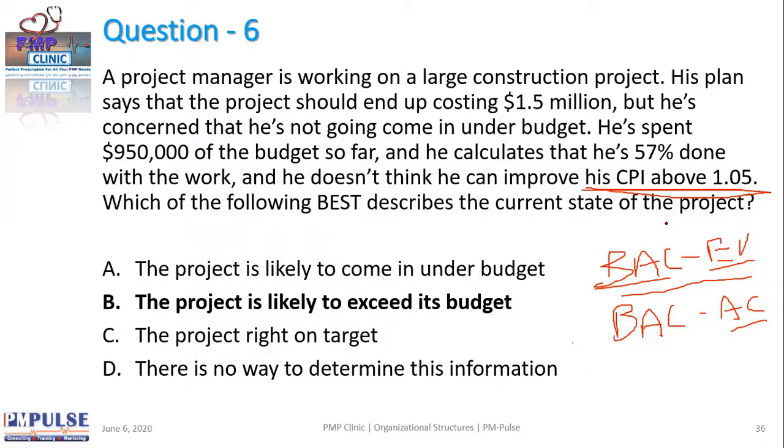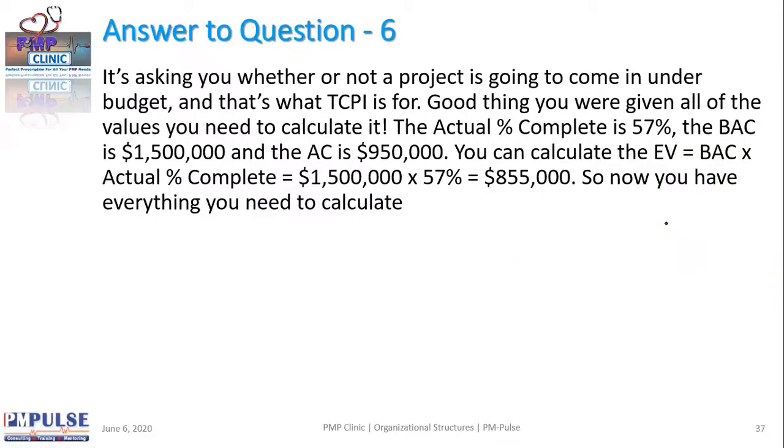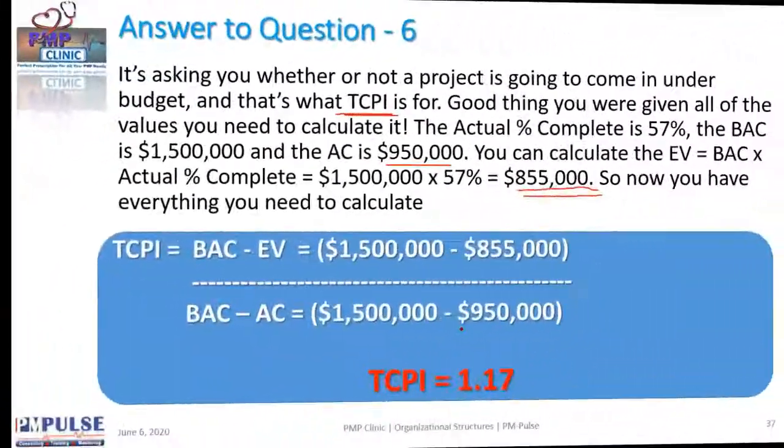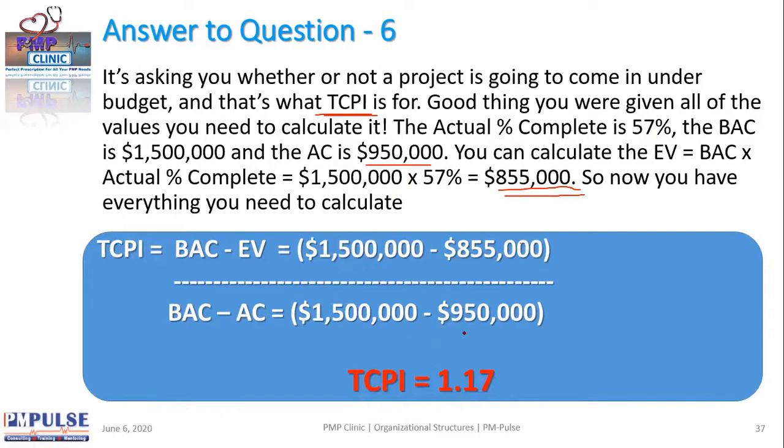So let's look at my required speed. What is my required speed? That is your TCPI. So how do we calculate that? And therefore we realize that if I have to finish this project in my original budget from where we are today, I would need a required speed of 1.17.